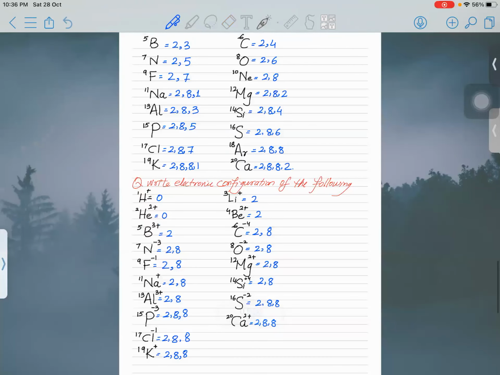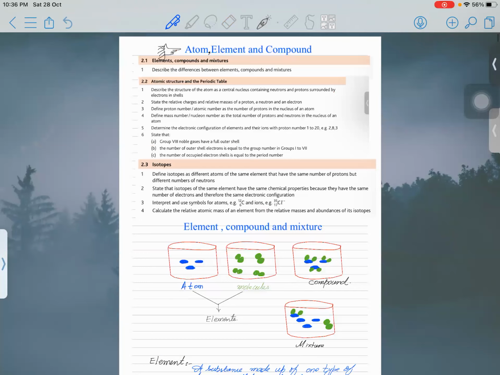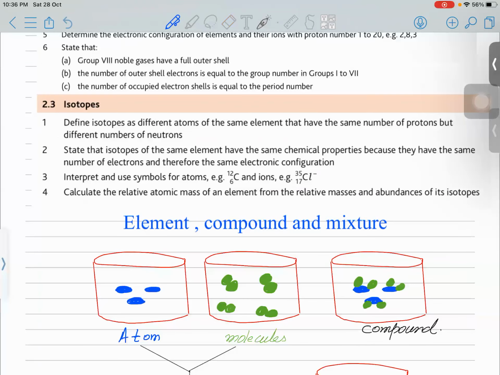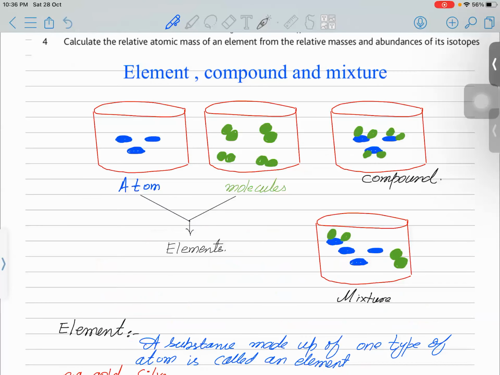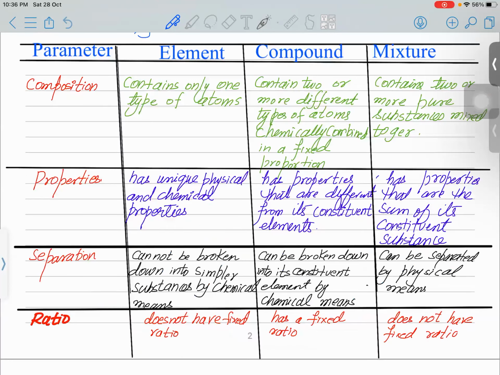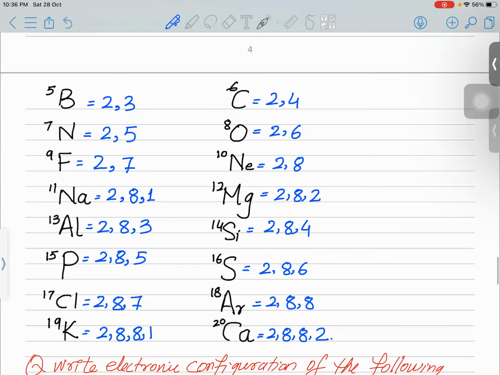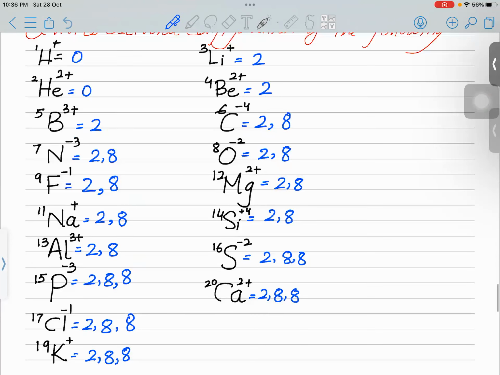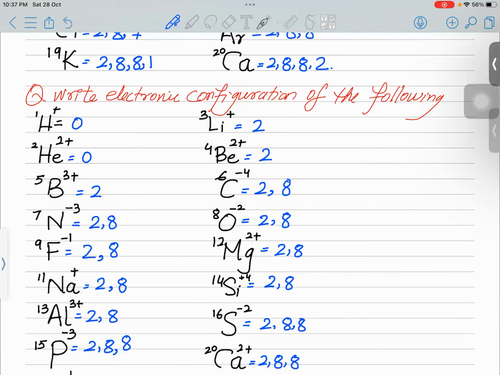Do you have any question regarding electronic configuration, anything? Sir, they are ionic equations, right? These are not equations. These are symbols. These are elements. These are ions. Why do they have positive and negative signs? Because electrons are removed.